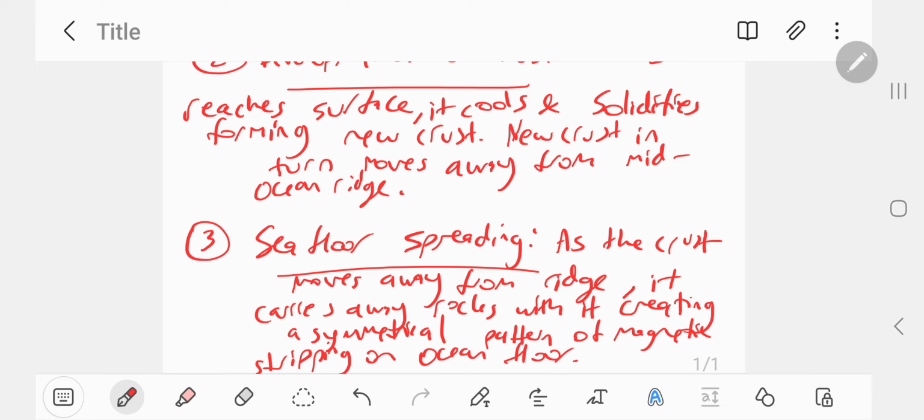So magma contains magnetite. Magnetite is an iron-rich material, and it behaves like a little compass needle. It's got a magnetic orientation.